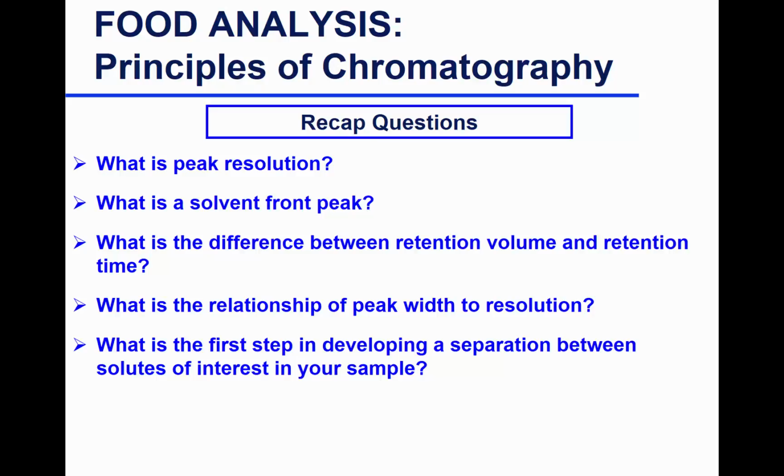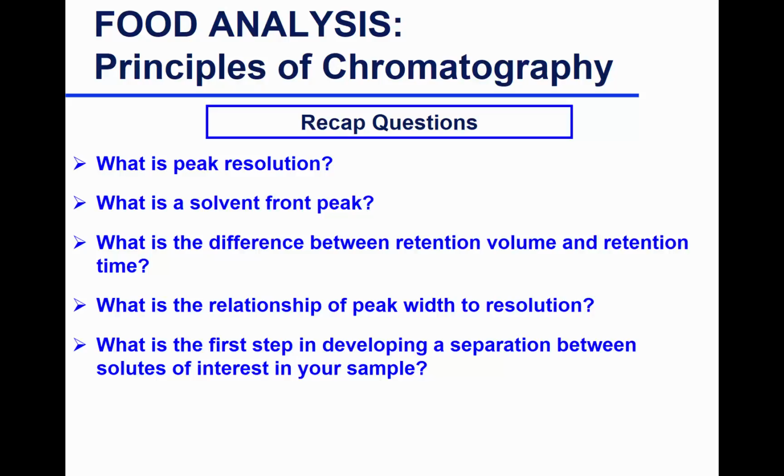And are we always sure that the literature method is going to work? No. But we try it, and we modify it from there. For almost everything you want to analyze, somebody has done it before you. But it's not necessarily going to work for you because you have a different system, different columns, different operator.